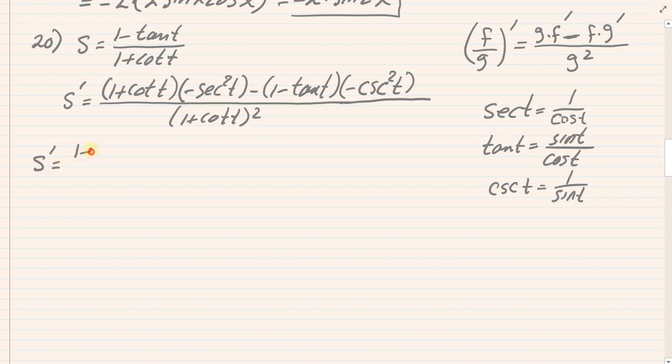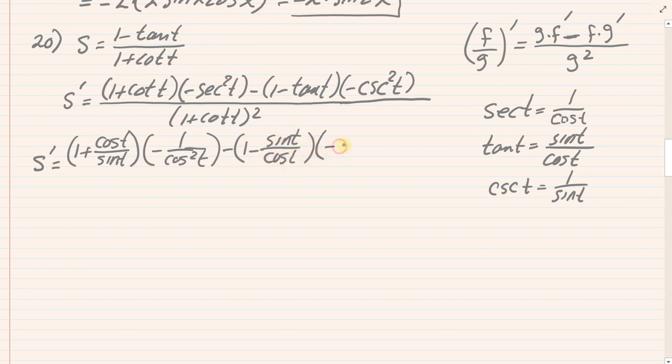So the first one, 1 plus cotan, that's cosine over sine. This is the busy work. Secant, 1 over cosine squared t, minus 1 minus sine over cosine t, and negative 1 over sine squared t.